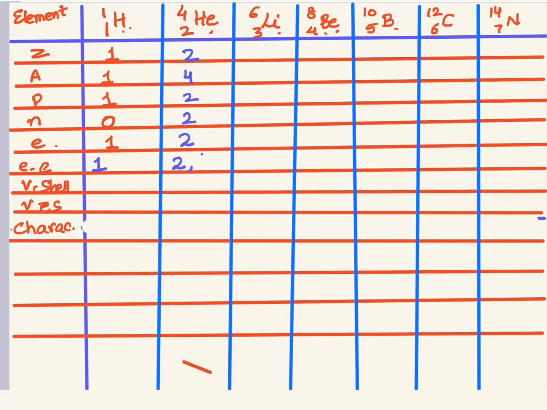2. We will not write it as 1, 1 because 1 means the first orbit is still incomplete. It has not yet cleared the syllabus of nursery exam. So how can we put it in the next class? Right? Okay. Next go on to the third element, 3Li6. Atomic number, mass number, number of protons, number of neutrons, number of electrons.